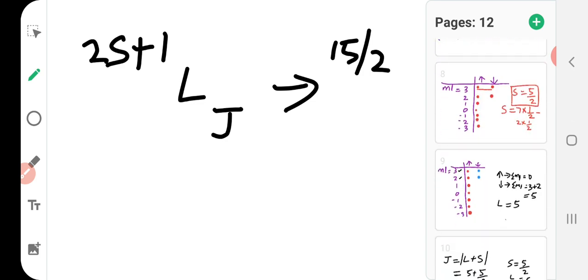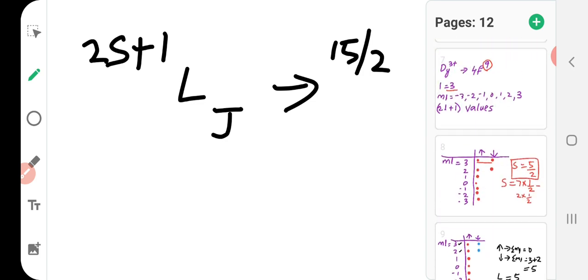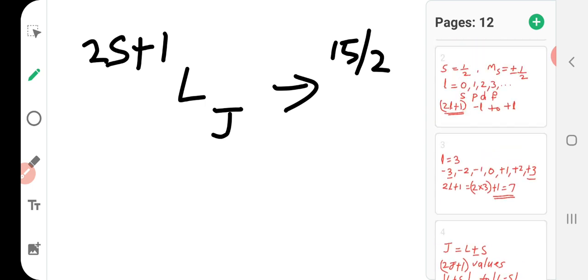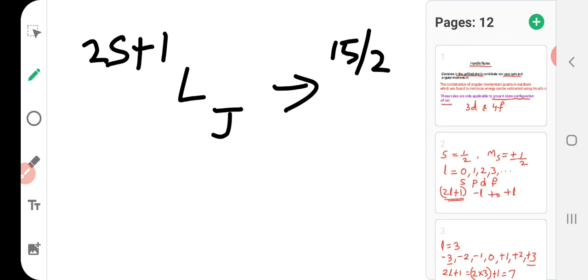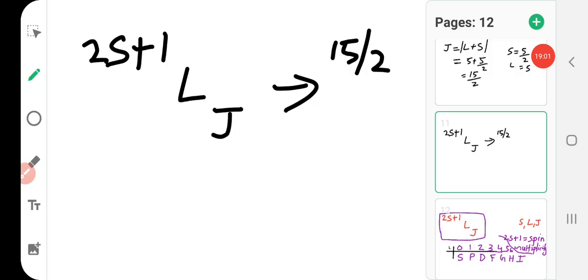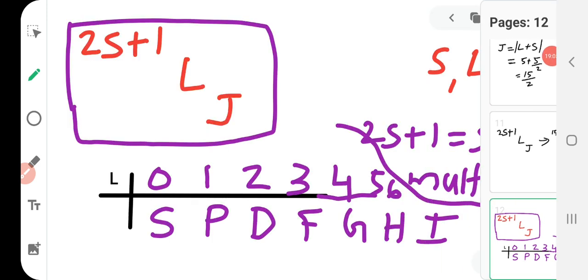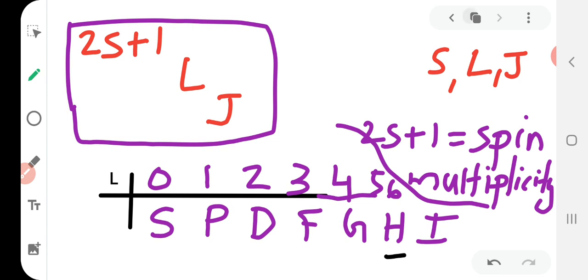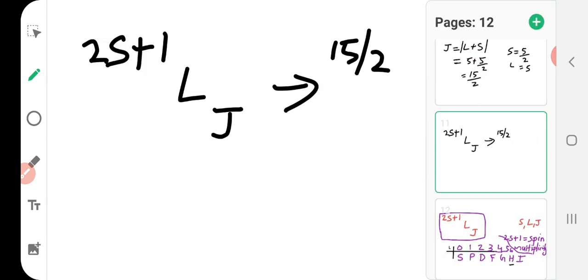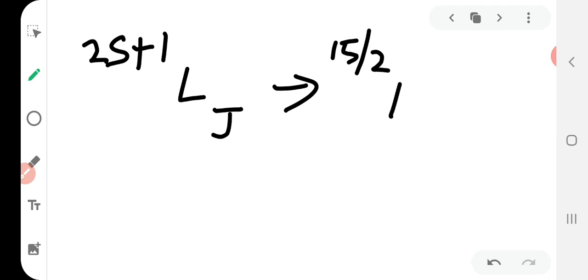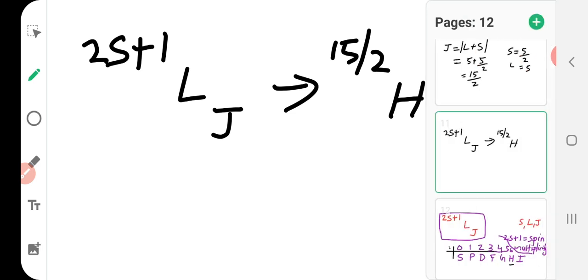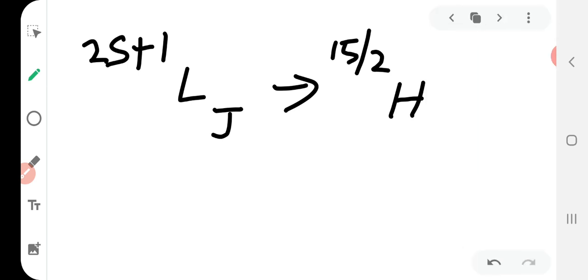L equal to 5 corresponds to H. And what was J? The value of J was 15 by 2.